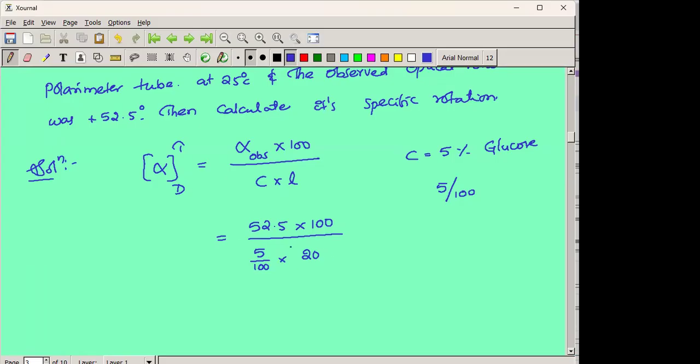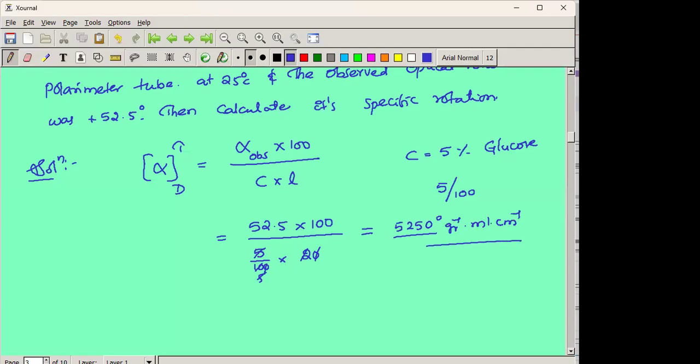This is the way we calculate the specific rotation. The zeros get cancelled, and we get 52.5 degrees, with units gram inverse ml centimeter inverse.